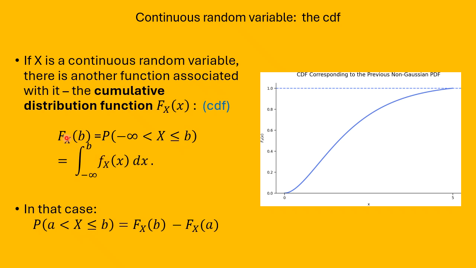So if we look at capital F sub X at some number b, that's going to be defined to be the probability that X is greater than minus infinity and less than or equal to b.